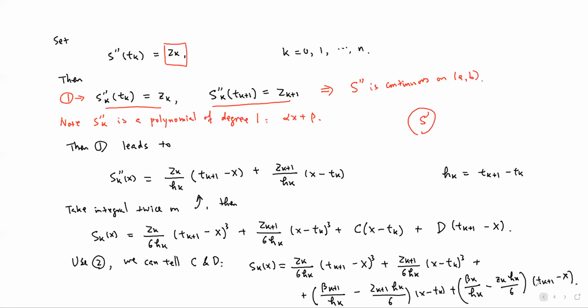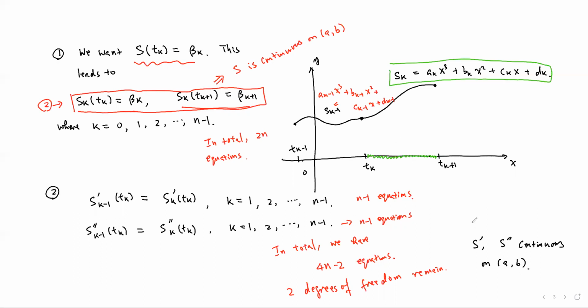Okay. Next, we use the continuity of the first derivative to determine c_k. To determine c_k, go back to this diagram.